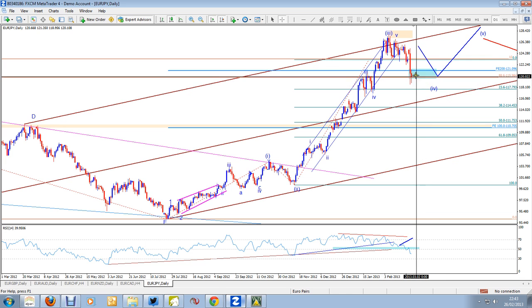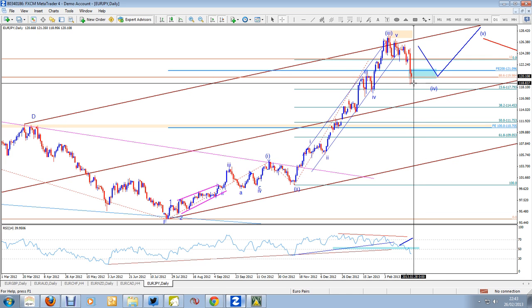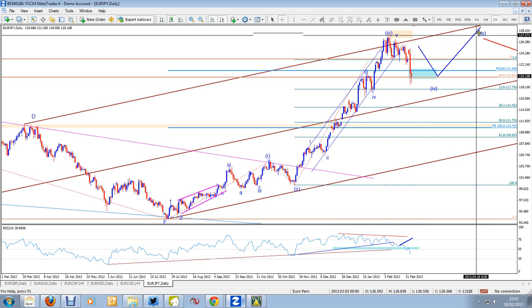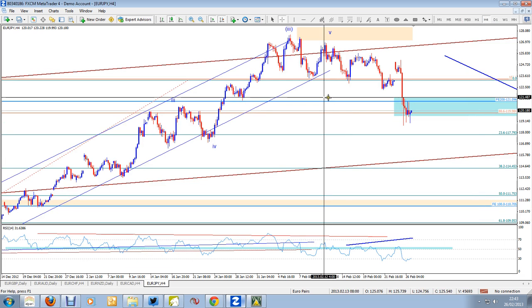We have dropped and made a low a little bit below that to 119, but if you look at the 4-hour chart in between, then it would possibly be this.